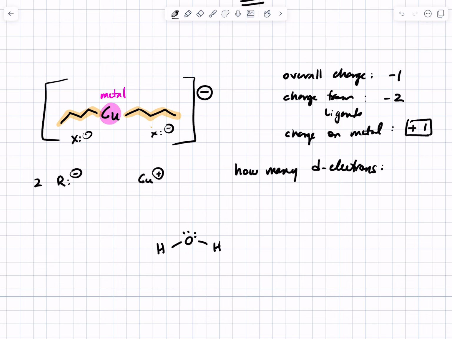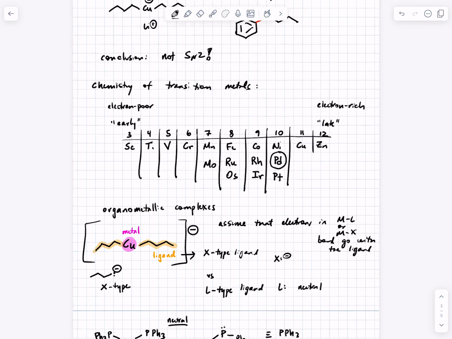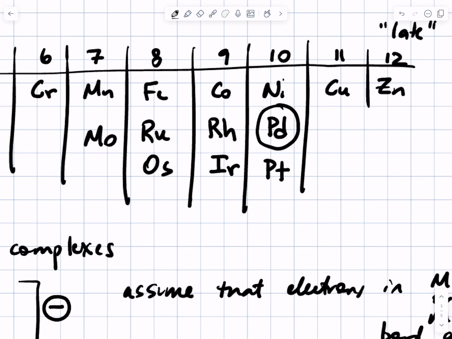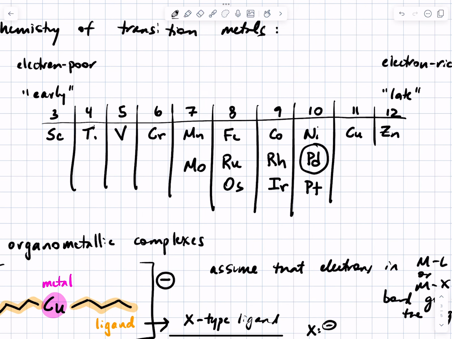To figure out how many d electrons, you compare the number of valence electrons that copper normally has, and then you adjust it for the oxidation state. So from our periodic table, we would see copper normally has how many? 11? Well, let's see. Is that right?